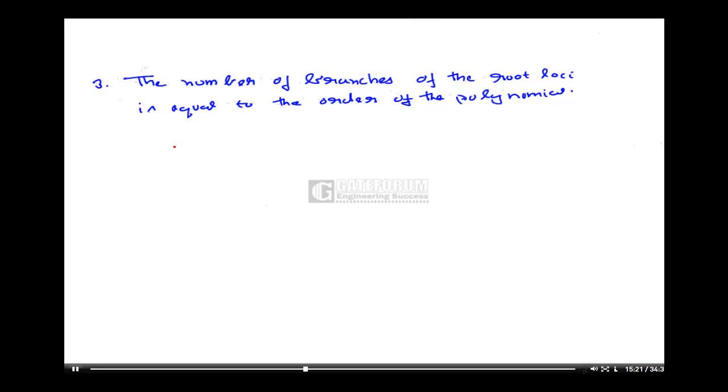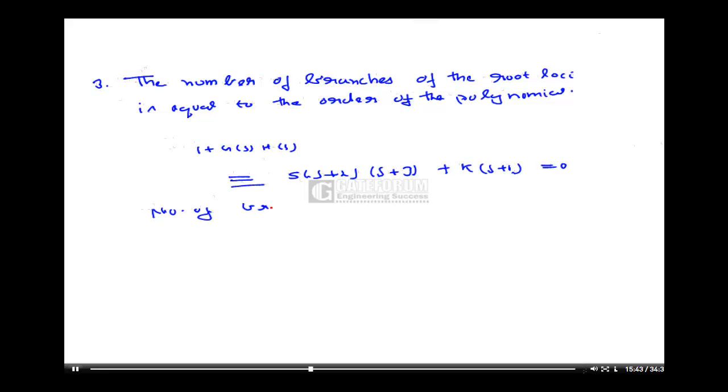So for example, the same 1 plus G(s)H(s), which is s(s plus 2)(s plus 3) plus k times (s plus 1) equal to 0. The number of branches here is 3. Why 3? Because the order is 3.